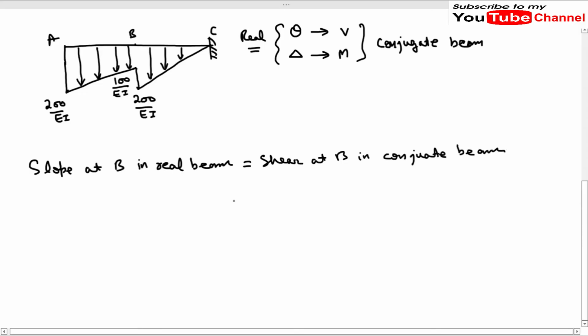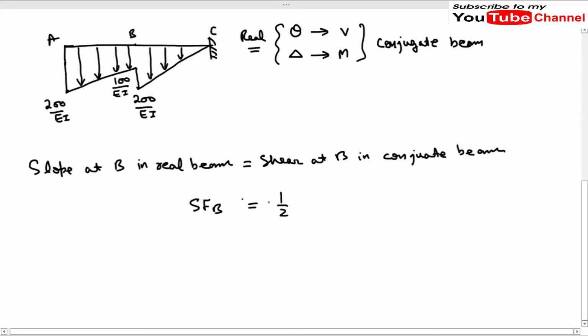Here SF means shear force at B. The value of shear force at B we can find from this diagram very easily. We have to consider the area of the loading diagram. So this is the trapezoid AB, and these two are the coordinates of this trapezoid.